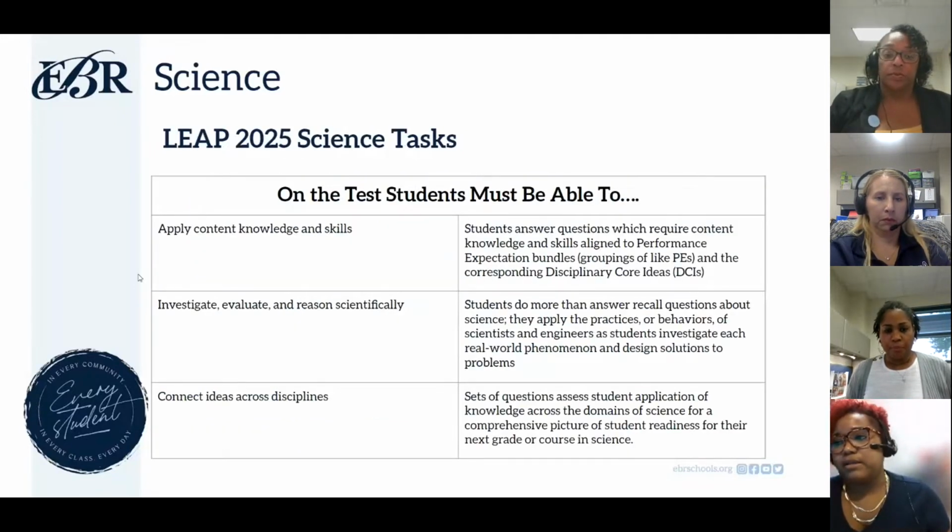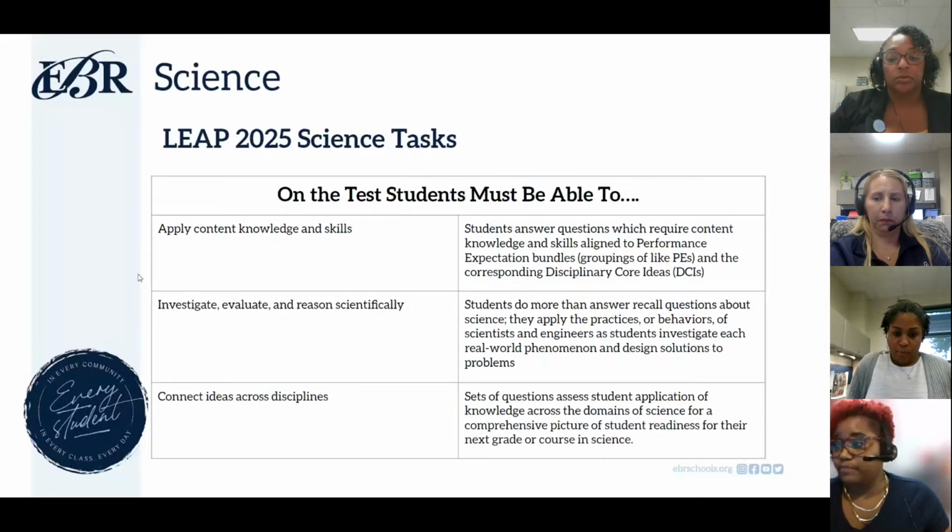When we're talking about LEAP, on the LEAP test, the students must be able to do 3 things: apply content, knowledge, and skills; investigate, evaluate, and reason scientifically; and connect ideas across disciplines. When we're talking about applying content, knowledge, and skills, students answer questions which require content, knowledge, and skill aligned to the performance expectations and the corresponding disciplinary core ideas.